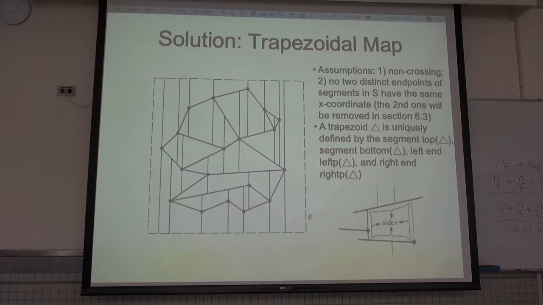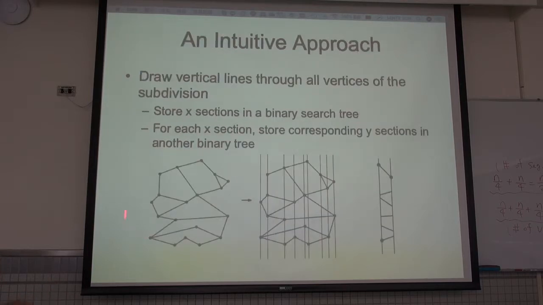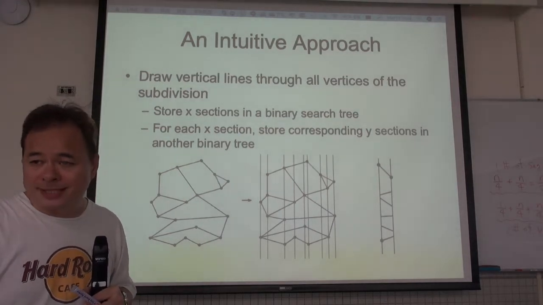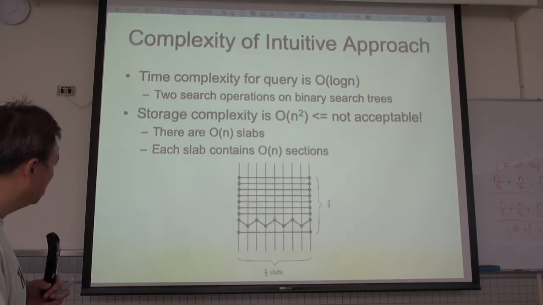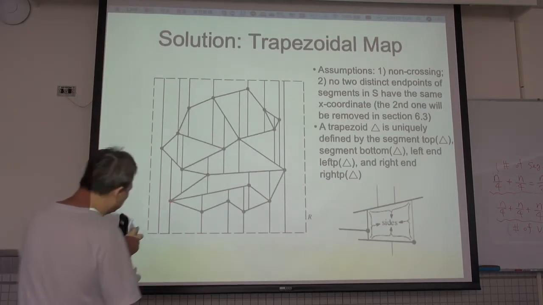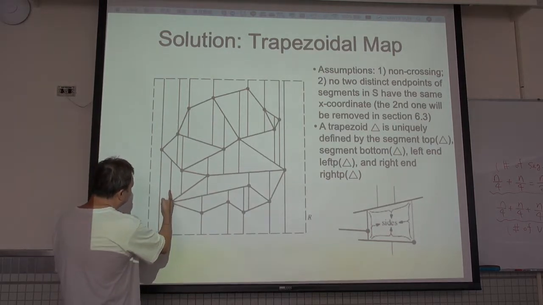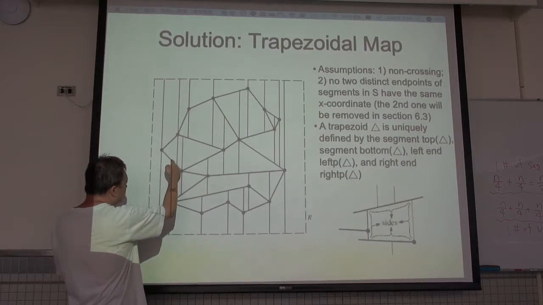This idea is pretty much the same as the intuitive idea we just talked about, with one little twist. What twist? When we draw this vertical line and it meets another line segment, it will stop.